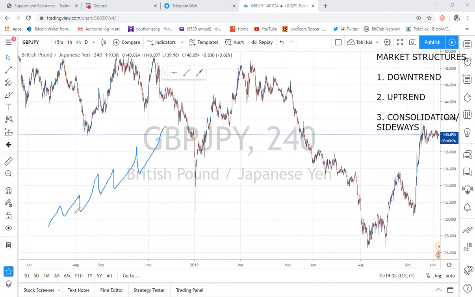Okay, so long as the market continues to create a higher low, so this will be your low point, and then a higher high.